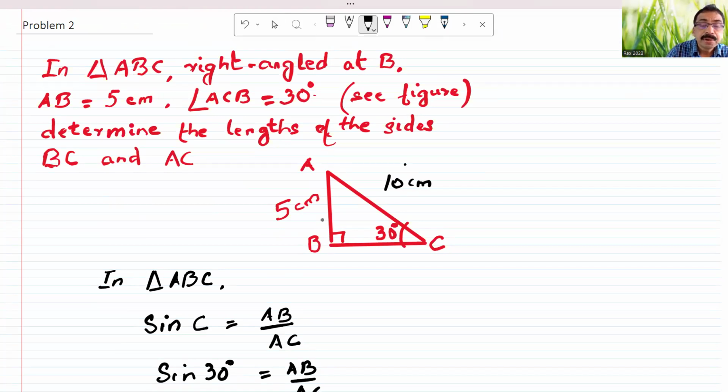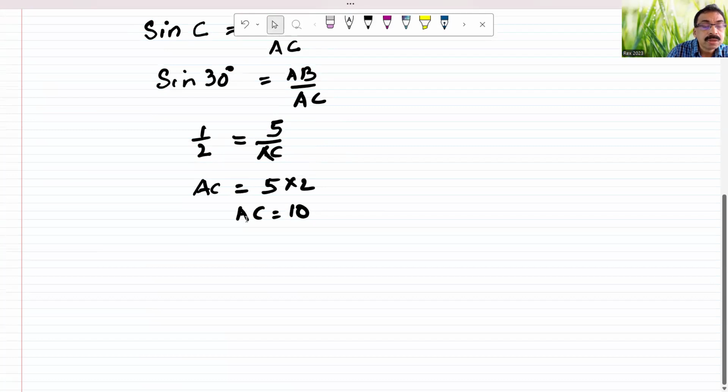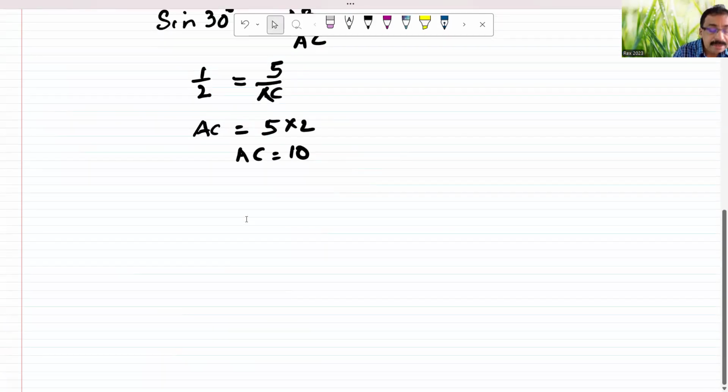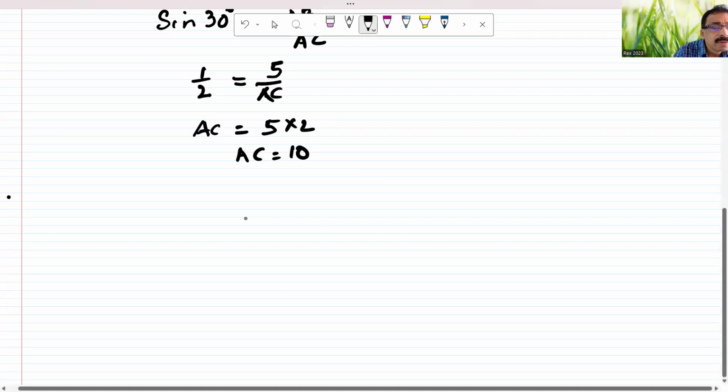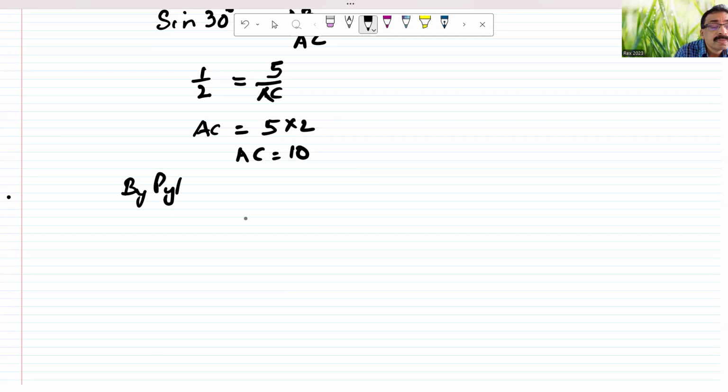Now, in a right angle triangle, if two sides are given, can't we find out the third side? You can, right? And which theorem helps you to do that? It's Pythagoras theorem, right? So by Pythagoras theorem, hypotenuse side AC squared is equal to the sum of squares of the other two sides.